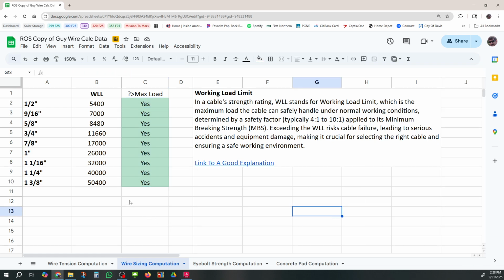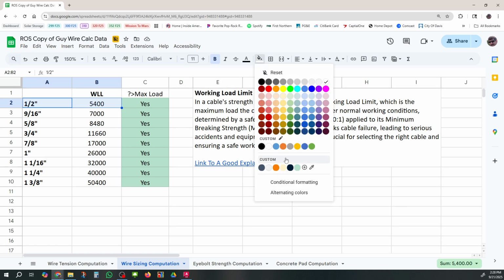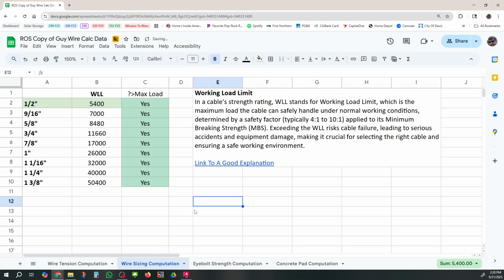So I want to find the smallest cable that will meet the requirements, and so I can go with a 1/2 inch cable. So I'm going to make those ones green. There's my answer. 1/2 inch cable with a working load limit of 5,400 pounds will be sufficient.